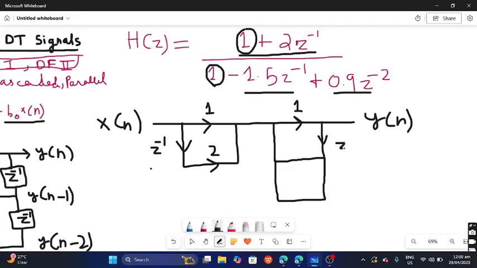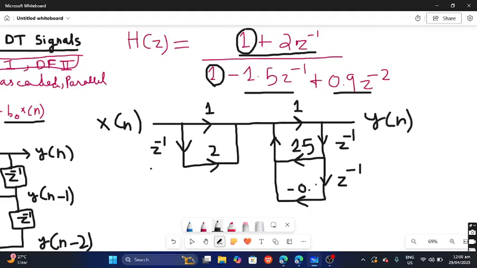Z minus 1, and it becomes 1.5. Then another delay, and now I will place minus 0.9 because it is a positive feedback.